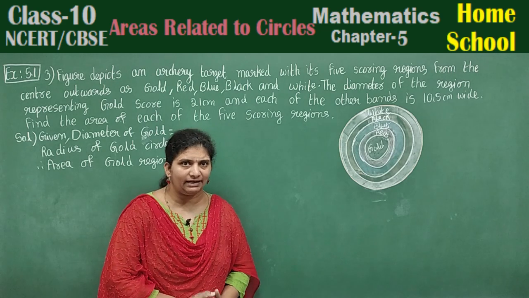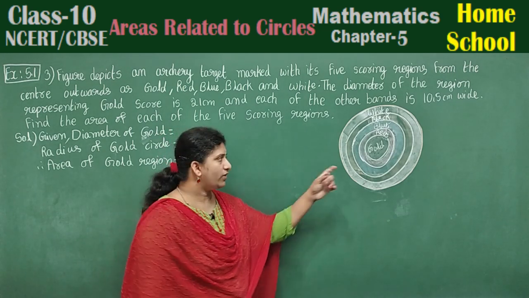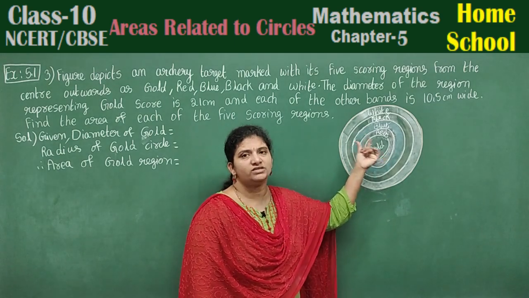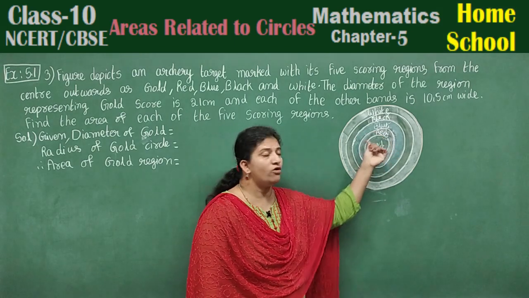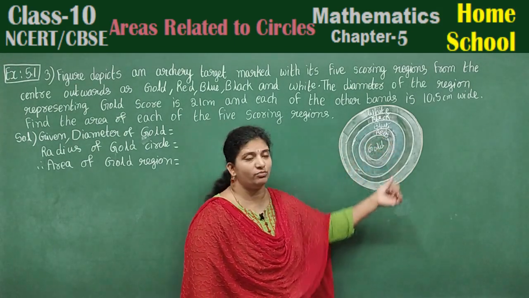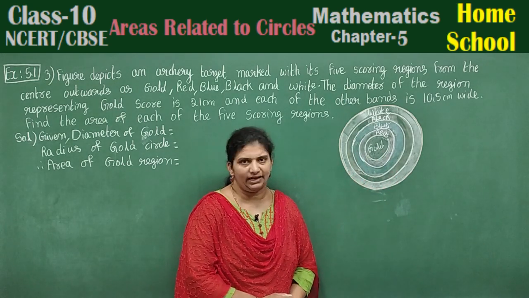We need to calculate the area of each scoring region. You can see here gold. If your target is on gold, then what is your score? And what is the area of this gold? Area of the red ring, area of the blue ring, and all these areas you need to calculate.